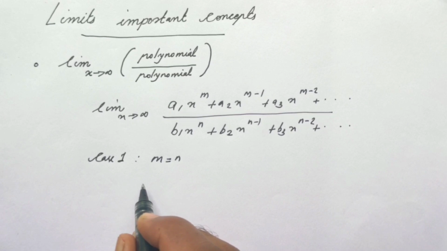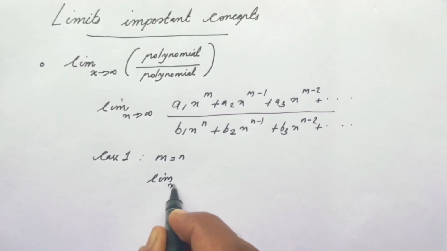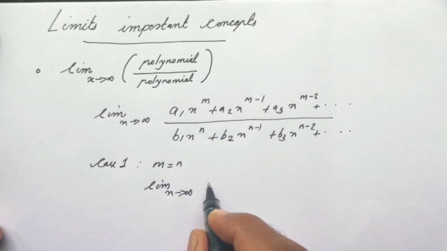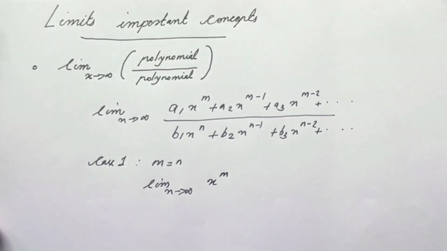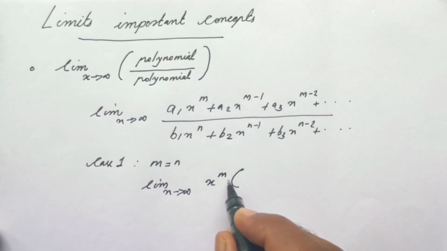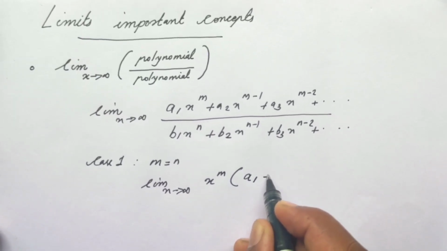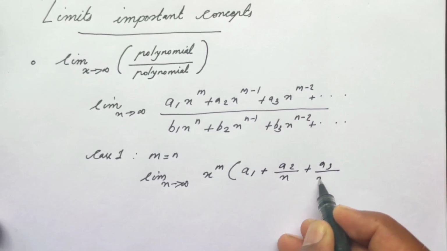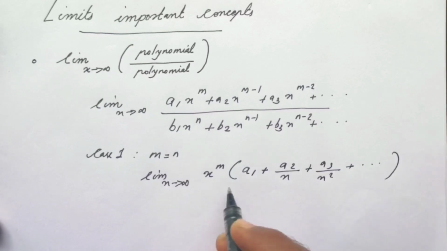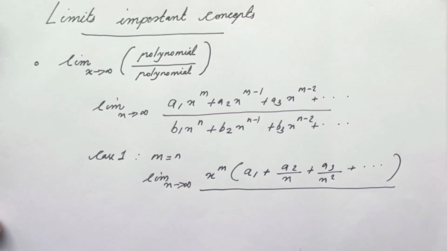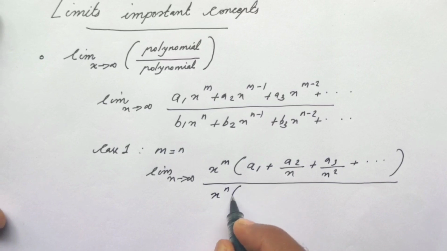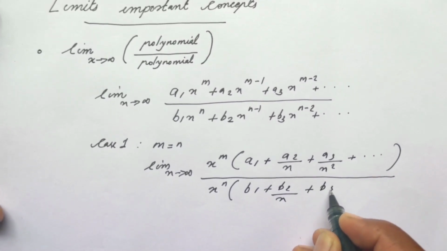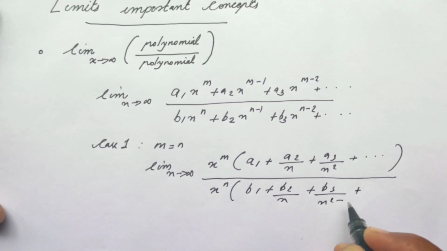For this case, first we will take x raised to m common from the numerator, that is x raised to m into the polynomial becomes a1 plus a2 divided by x plus a3 divided by x square plus etc. And the denominator polynomial becomes x raised to n into b1 plus b2 divided by x plus b3 divided by x square plus etc.